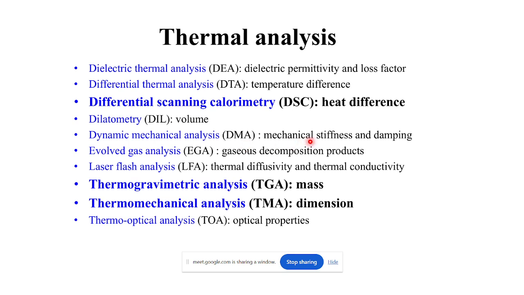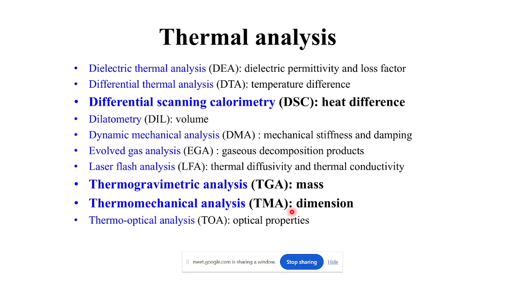Dynamic mechanical analysis, that is you check mechanical stiffness and damping with respect to temperature. Evolved gas analysis, the gaseous decomposition products, those gases are evolved. To check those gases, you may use GC. TG analysis, that is you are measuring the change in mass with respect to temperature.